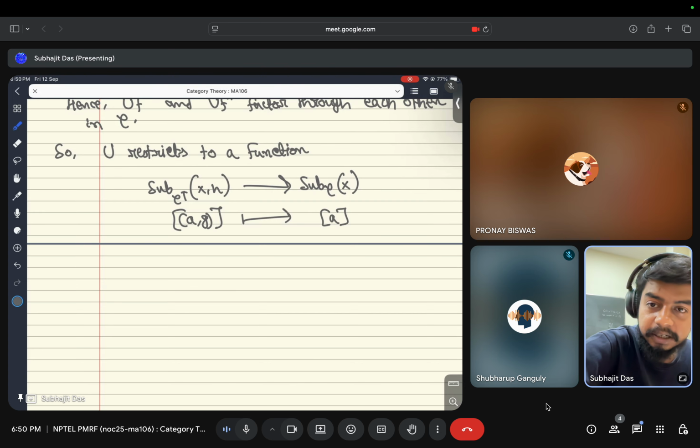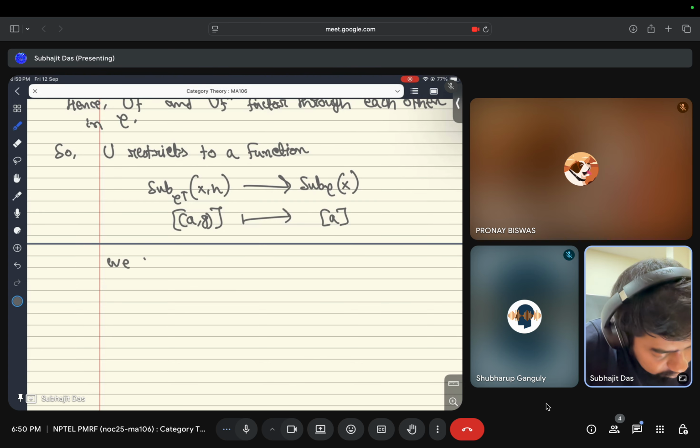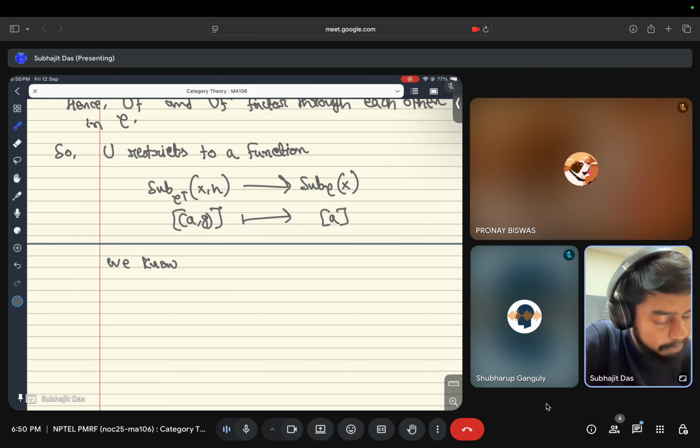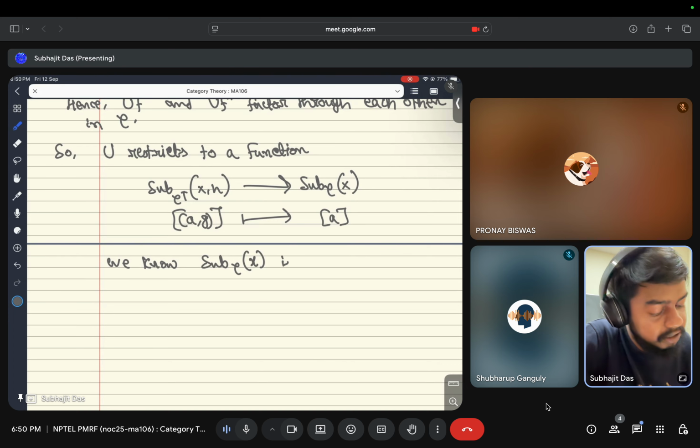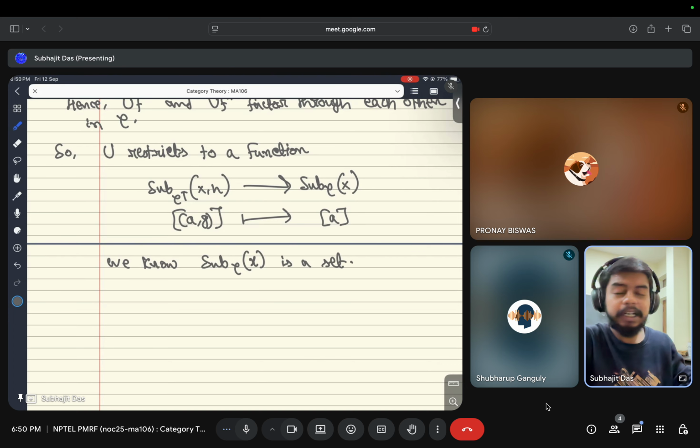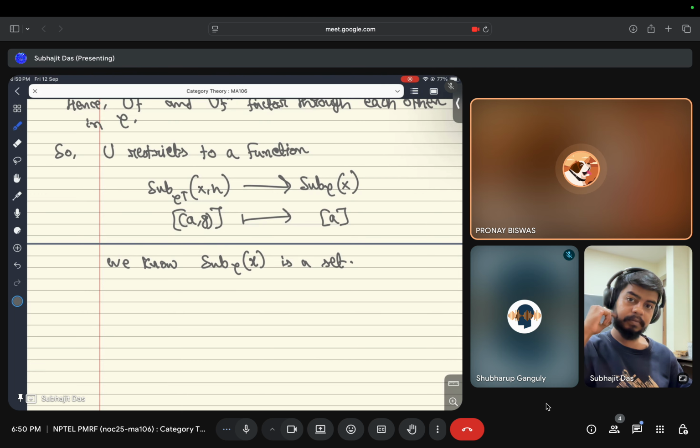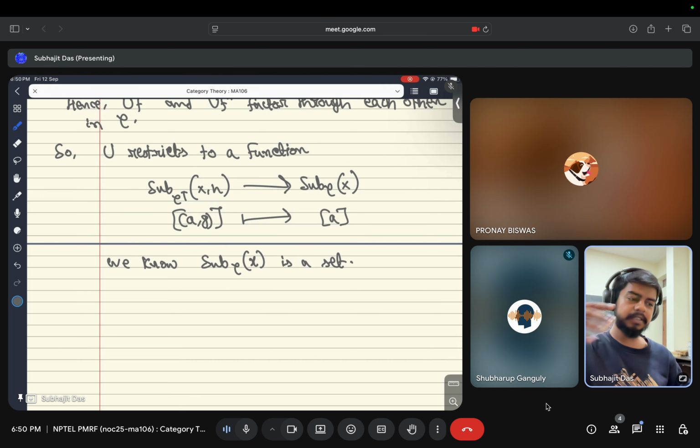So what do we need to show? Since C was well powered, we know Sub C X is a set. What can we show now to claim that Sub C^T X_H is also a set?